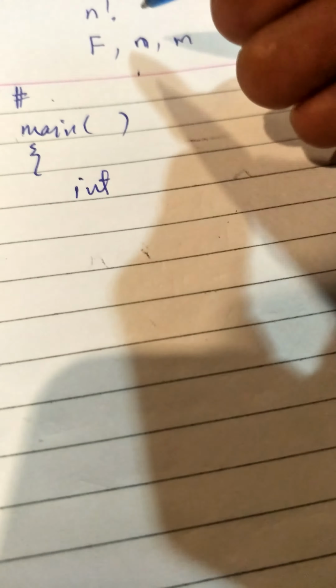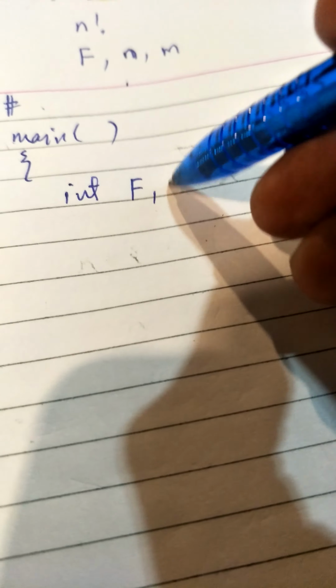If you want to write a program, we have the preprocessor part here, where you put include and so on. Then we have main, and then we declare those things. Since they are integers, integer f and m.